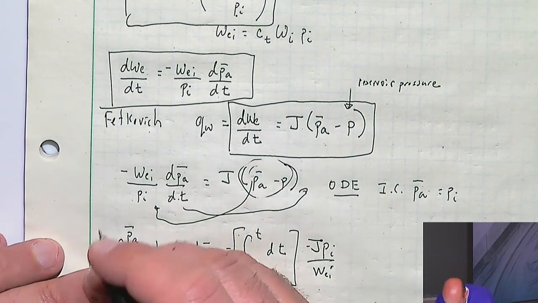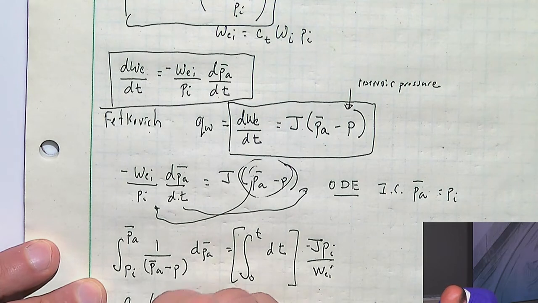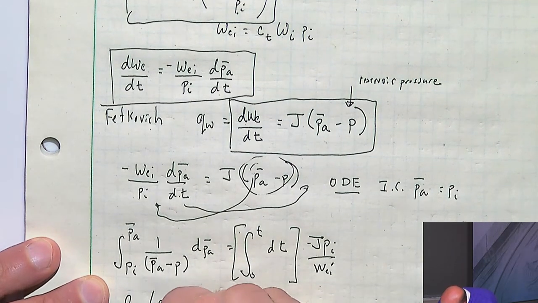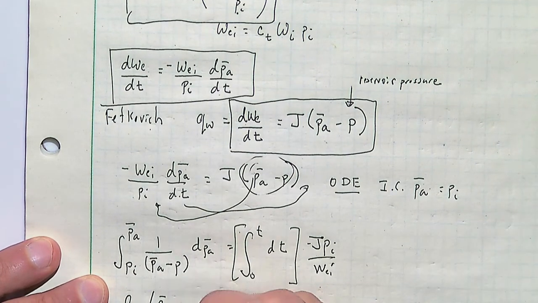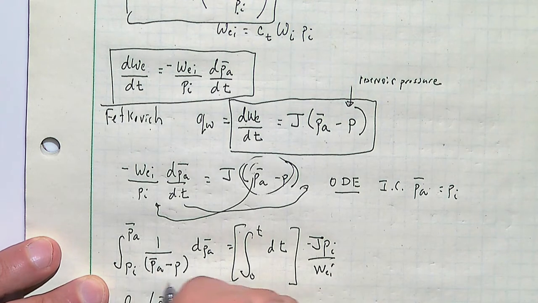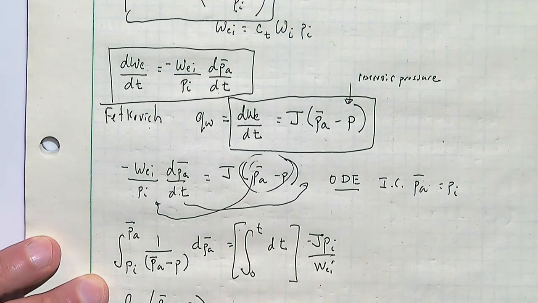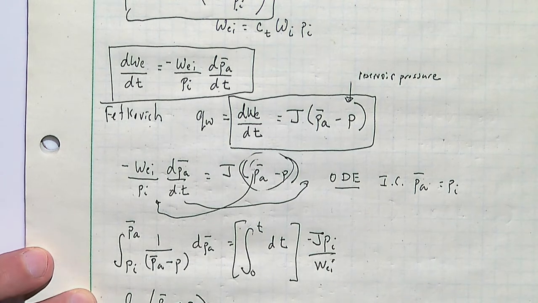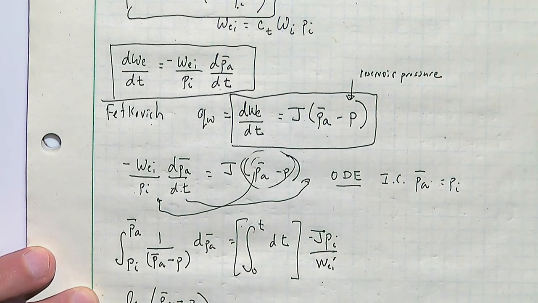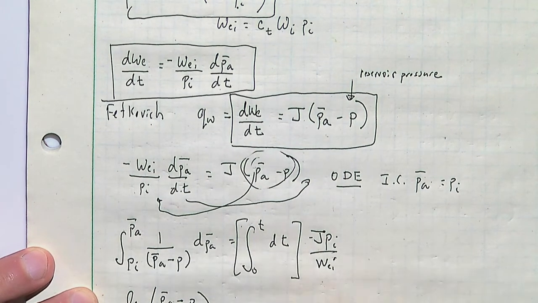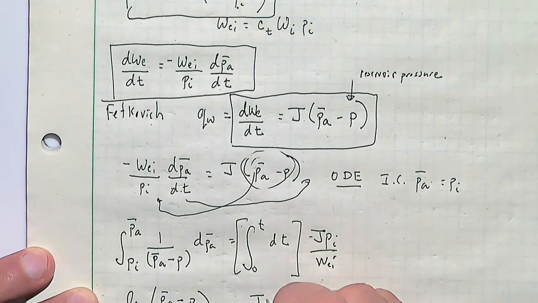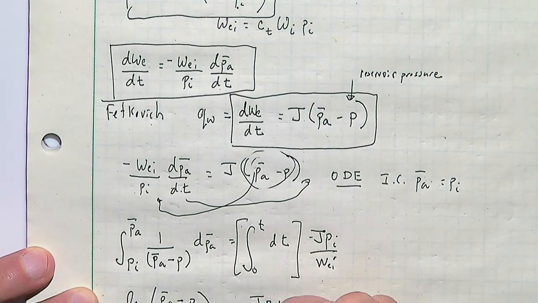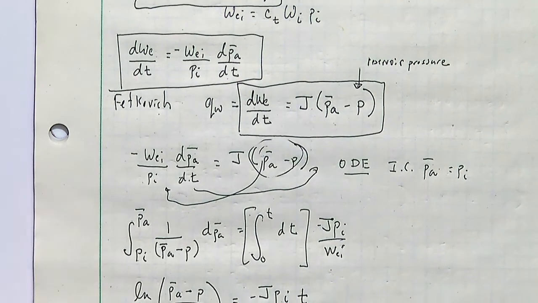So this side is ln of (PA bar minus P) over (PA bar minus PI). So the integral of 1 over x is ln of x, from PI to PA bar. And again, the right-hand side is super simple. It's J PI over WEI times t.